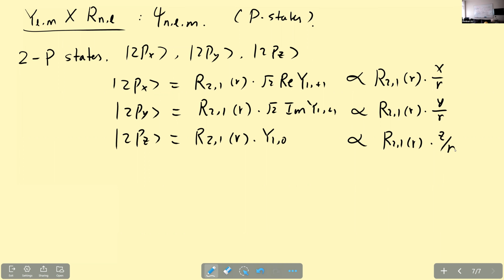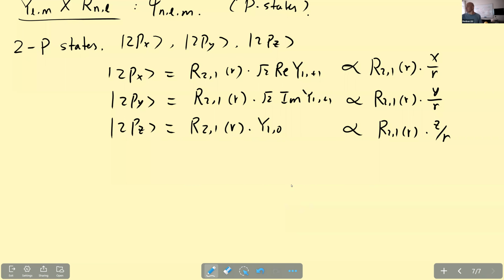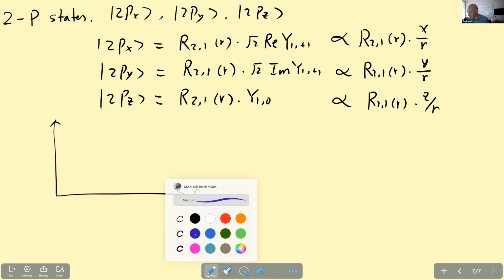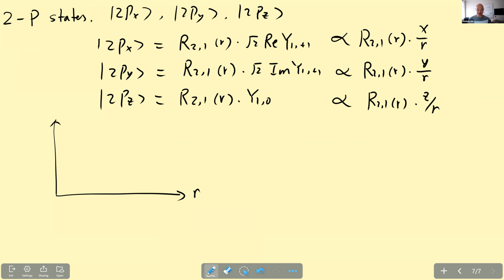So you can see that it's the radial part times the x component, the radial part times the y component, the radial part times the z component. Okay. So once you know this radial part, let's look at the radial part of this R function. This radial part is 0 at r equals 0, and then goes to 0 at infinity. But remember, it just has a zero point right here, and it has no node.